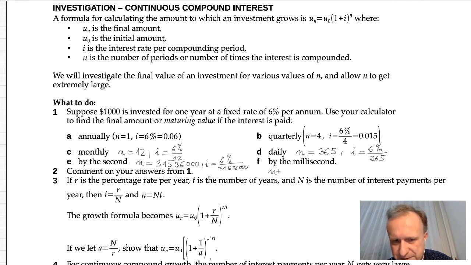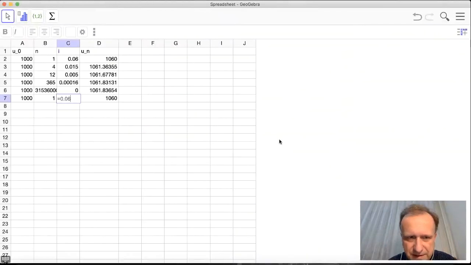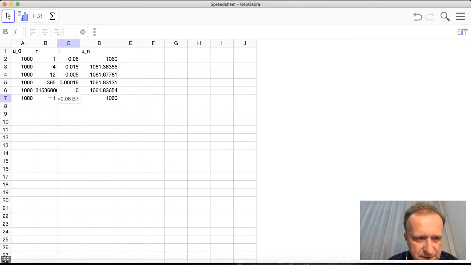So n this time is going to be 31,536 and 6 zeros after that. Also I is going to be 6% divided by this great number, 31,536 and 6 zeros after that. Okay, so let me get back to this and do it.